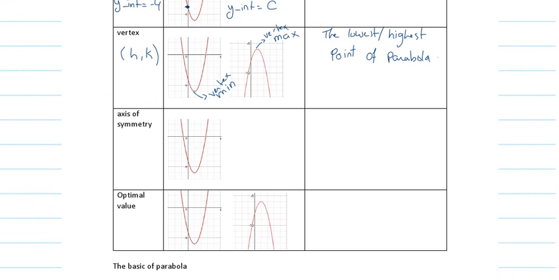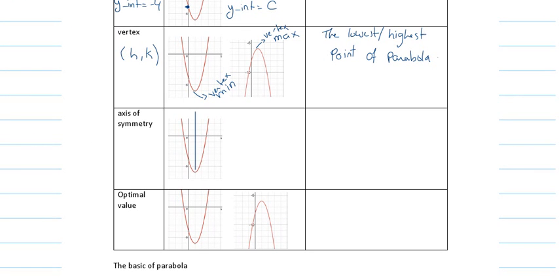So where would you graph a line that cuts your graph in half? That passes through the vertex, right? So you would graph something that looks like this. This is how you would cut the graph in half, correct or no? Yeah. So we call that the axis of symmetry.